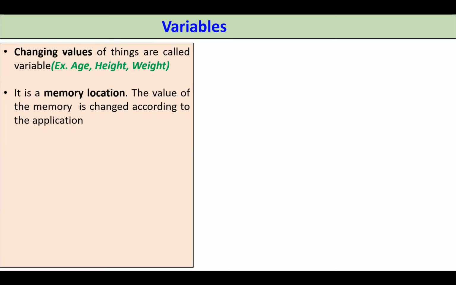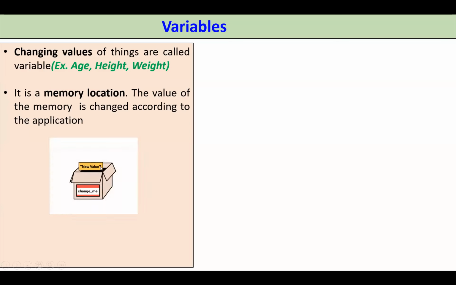When you run the third time, again the previous values are deleted and the new values are saved there. That varies. It is not the same value kept there the whole time. That's about the variable.